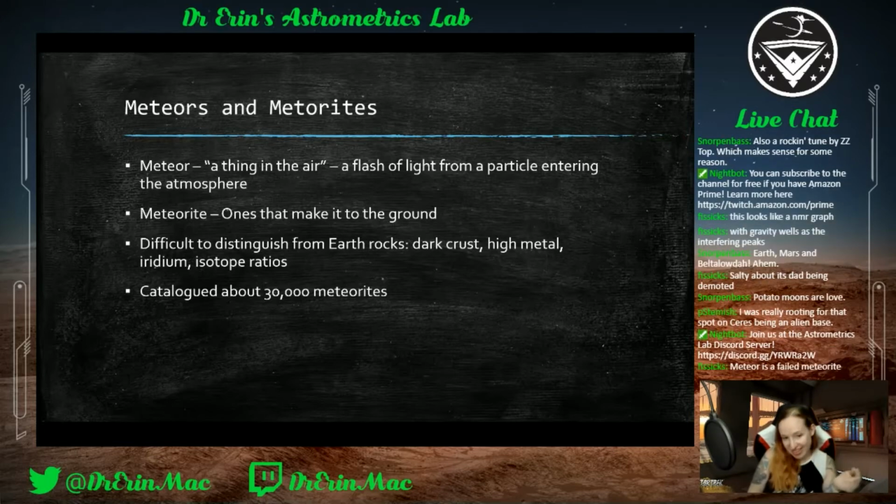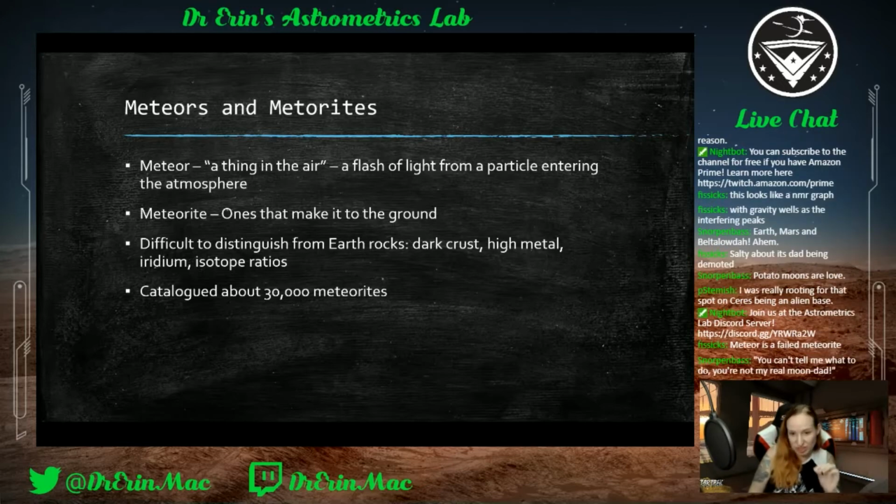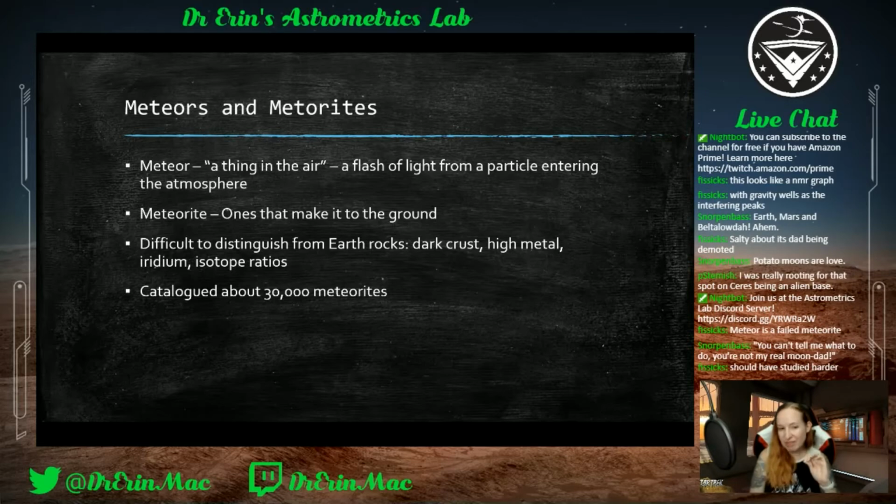Now the tricky thing is that meteorites, once we have them, we can analyze them, and they are actually very difficult to distinguish from Earth rocks. The way you can kind of tell is that they're a little bit darker because they burned up a lot through the atmosphere. Not enough to completely obliterate, but burned up a lot, so they got darker colored. They're very high in metal, so you can hold up a magnet to it, and a lot of them you can attach a magnet to.